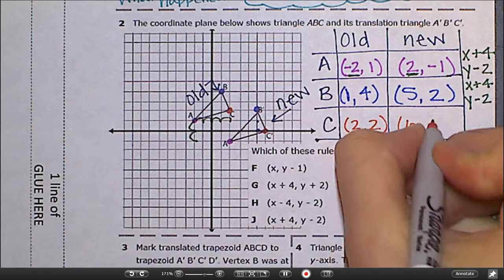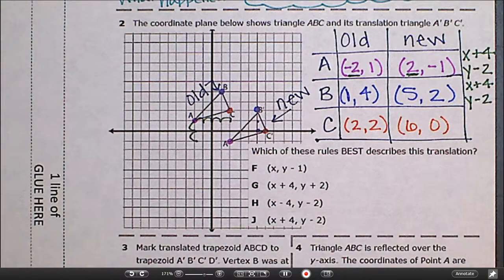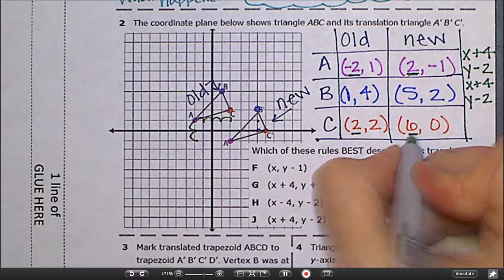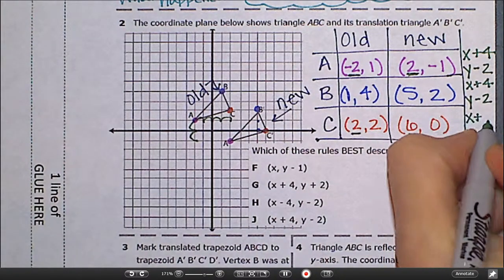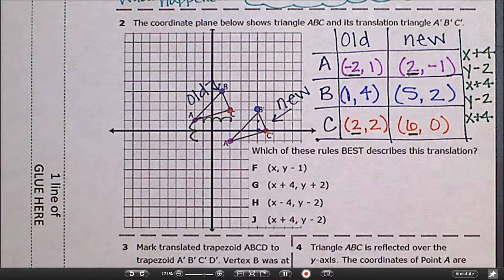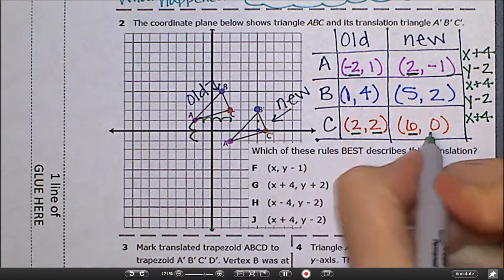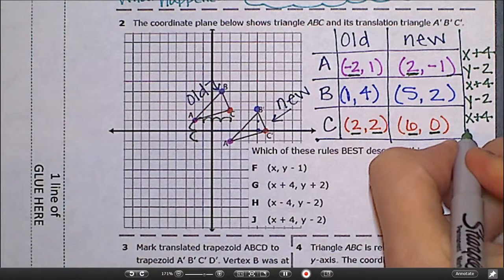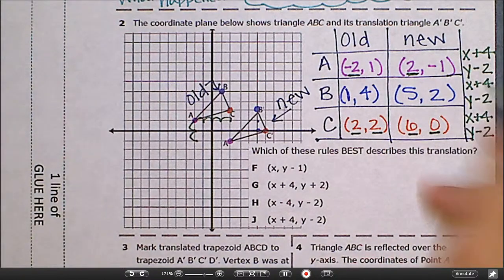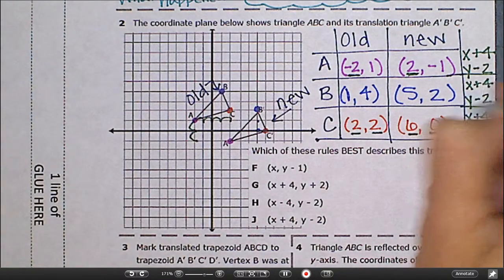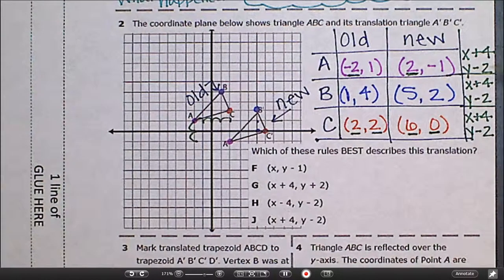So 6, 0. Let's ask ourselves, what did we do to the x values? 2 to get 6, we added 4, so x plus 4. And then to get from 2 to 0, we subtract 2, so y minus 2. So notice that we're doing the same thing each time: x plus 4, y minus 2.